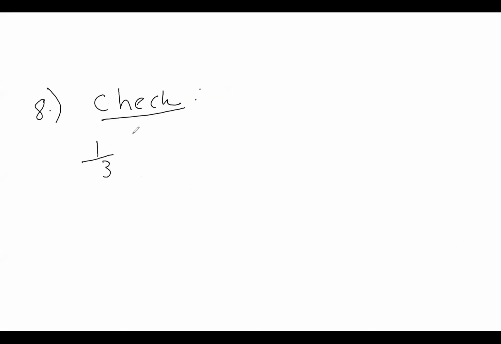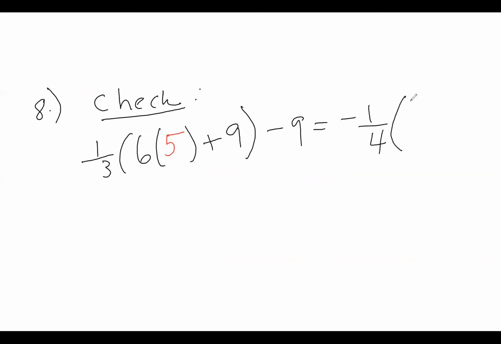1/3, parentheses, 6y. Now instead of the y, I'm going to plug in our answer that we just got, which was 5. And then plus 9, close parentheses, minus 9 equals -1/4, parentheses. Instead of 4y, I'll write 4 times 5, because again, we got y equals 5 for our answer. And then minus 36.